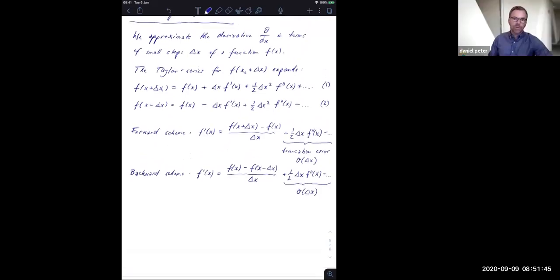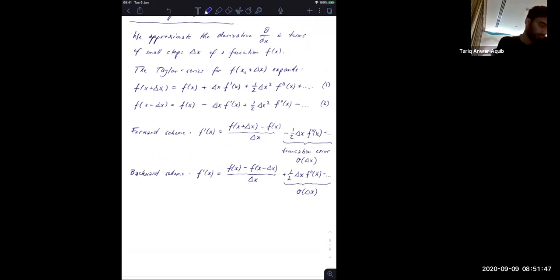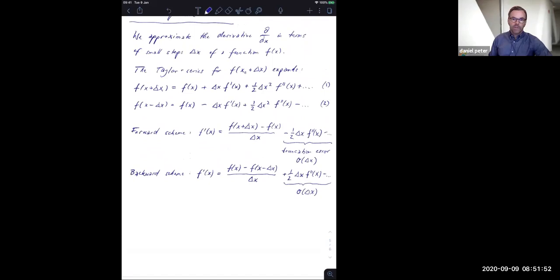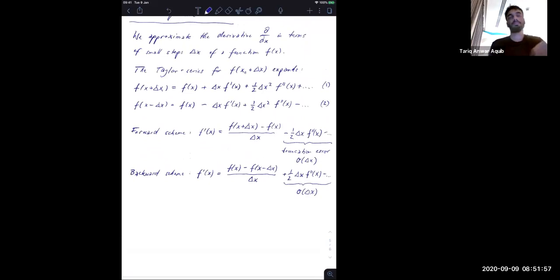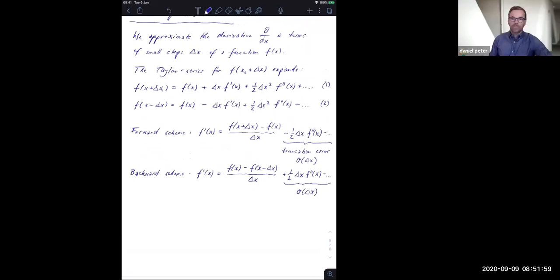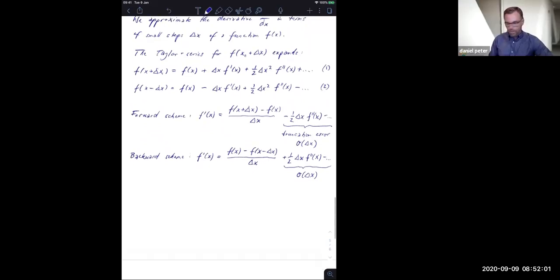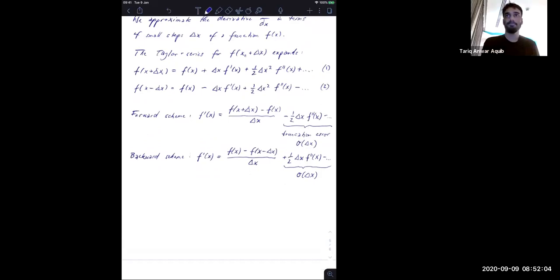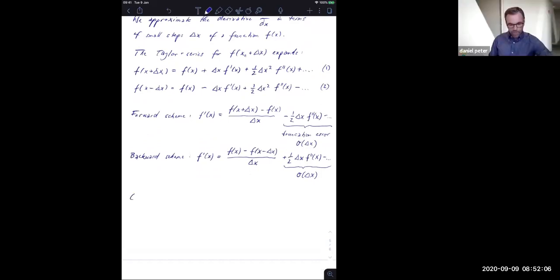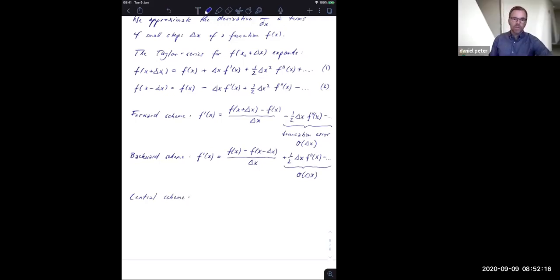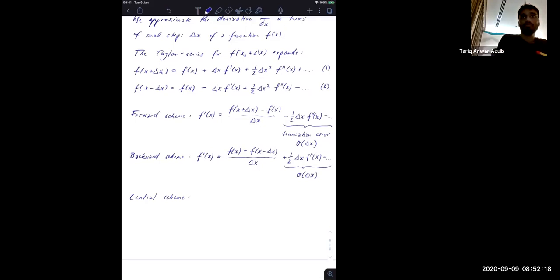If you want to approximate the derivative f prime of x, and instead of just using one or the other Taylor series expansion, we basically look at both of them. And so what we come to is basically a central scheme, sometimes called central, sometimes called center scheme.